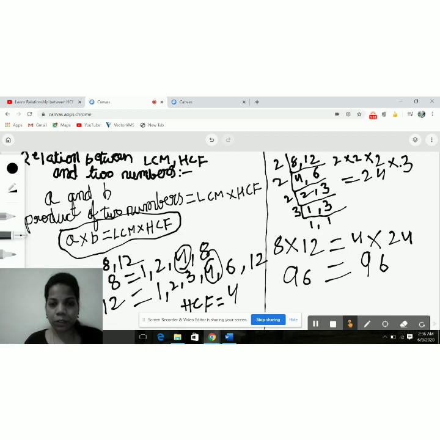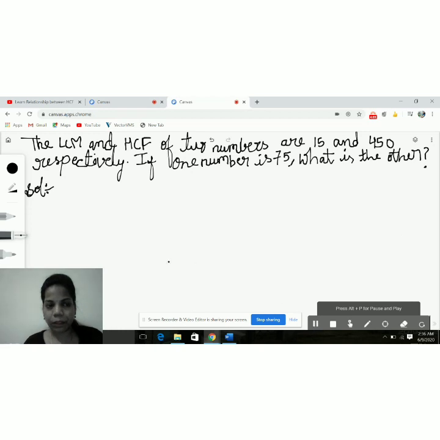Now we will do a few problems on this relation between LCM and HCF of two numbers. Here the question is, the LCM and HCF of two numbers are 15 and 450 respectively.